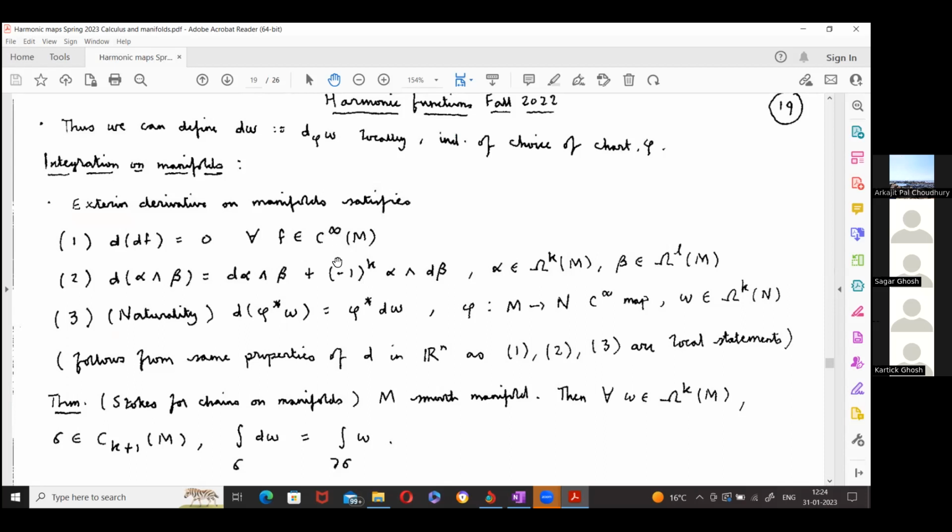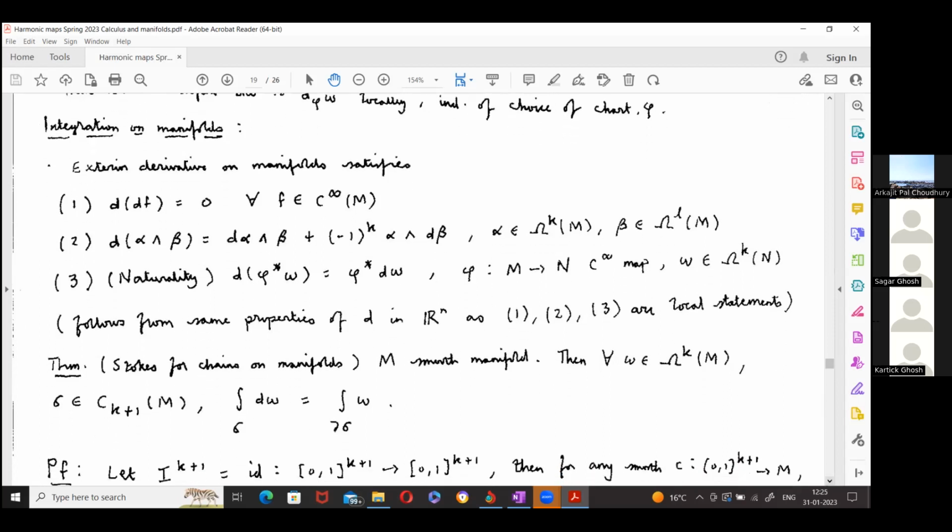These properties are local, so these follow from the corresponding properties in Rn. And also it commutes with pullback. So d of phi star omega is phi star d omega, where phi is any smooth map between manifolds, and omega is a k-form on the target manifold N.